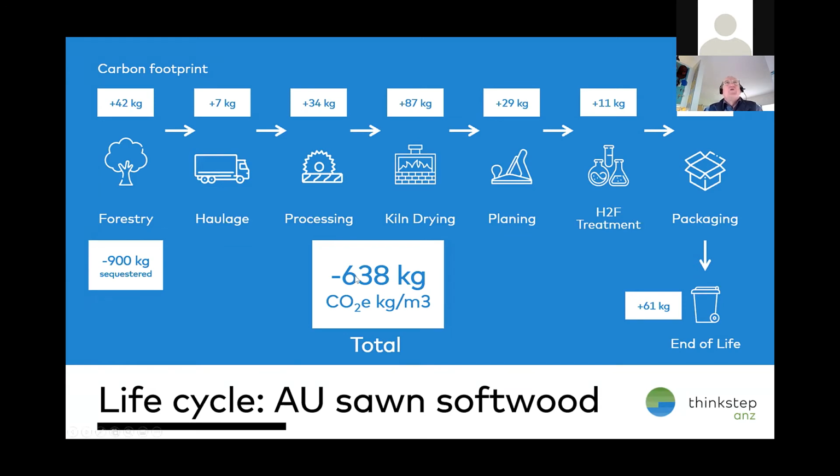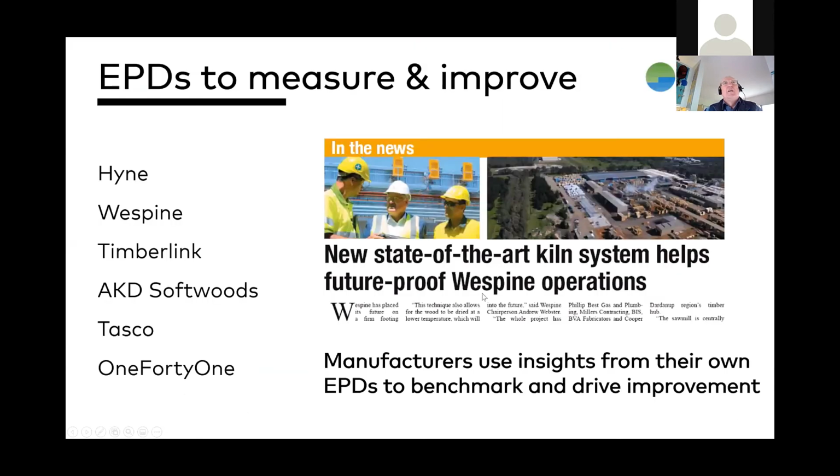So when we're talking here about the life cycle of, say, sawn softwood, I talked about before, we looked at the kiln drying process, and there's this 87 kilos of CO2 emitted per cubic metre of sawn softwood processed. Obviously, that's one of the biggest impacts in the life cycle there. And this is an area where, say, the Australian softwood industry is measuring and making improvements, and they're making big improvements by targeting this hotspot.